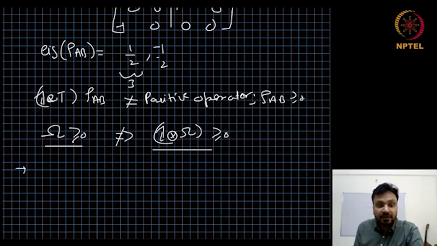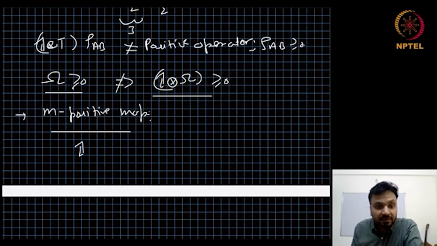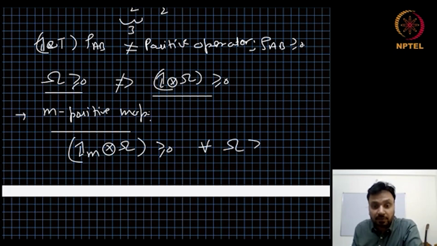So here we define a new notion, which we call an M positive map. M positive maps are those maps where we have identity on a subsystem which is M dimensional, and our map omega is positive.